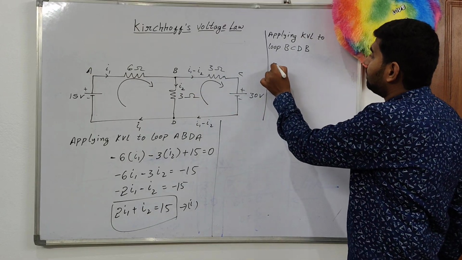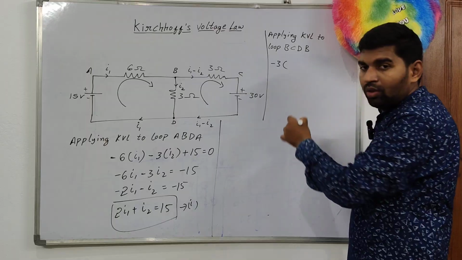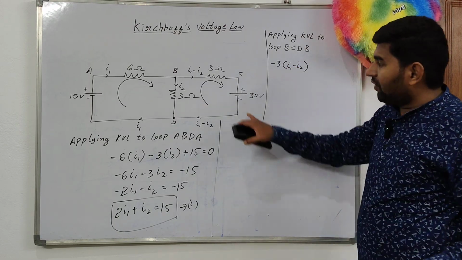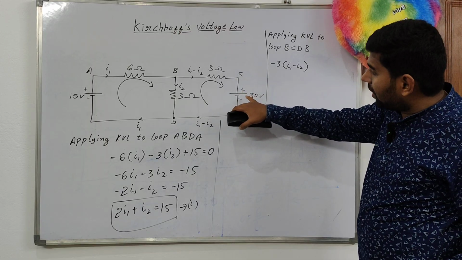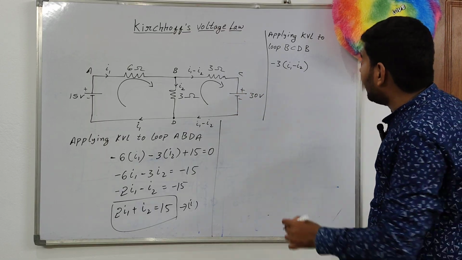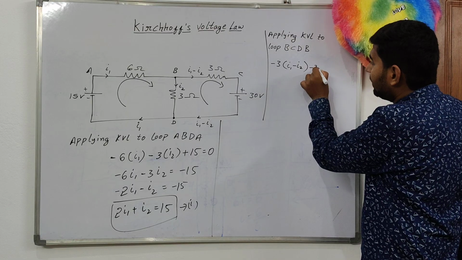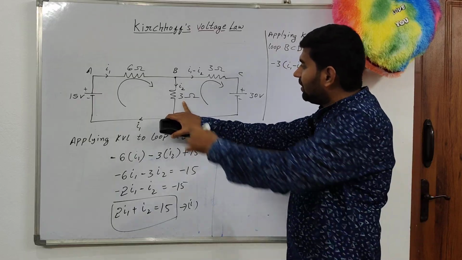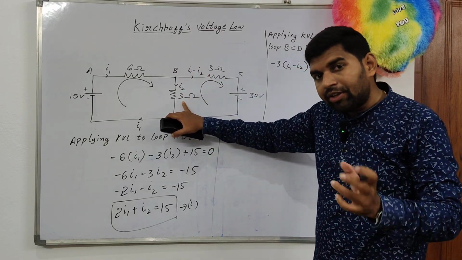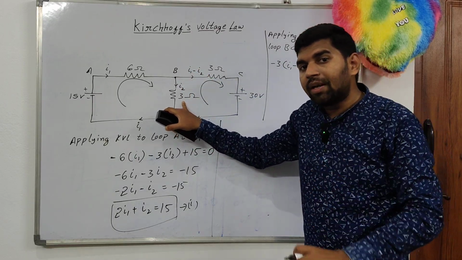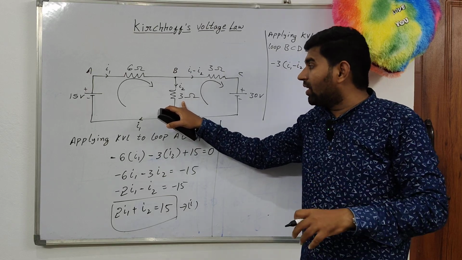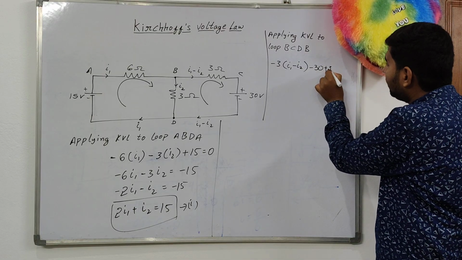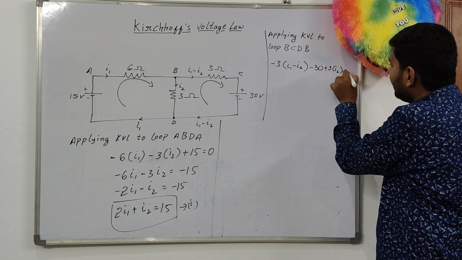I can write minus the resistance 3 into the current I1 minus I2. It is passing from positive terminal to negative terminal, so how can I write minus 30? And here, this is our direction and this is the current direction. Both are opposite to each other, so the change in potential becomes positive, plus 3 into I2, equal to 0.